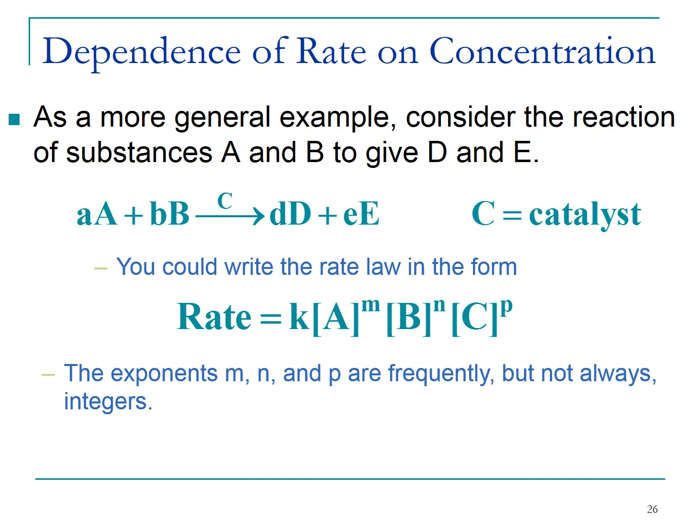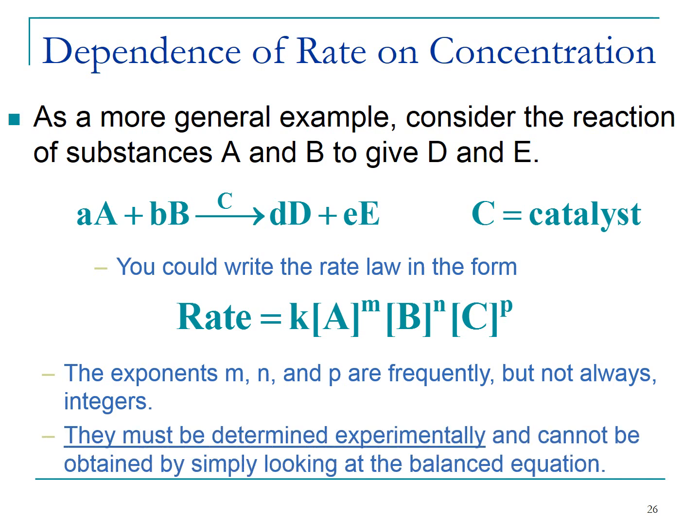They could be 0, 1, 2, they could be 3, but they could also very easily be 1/2 or some fraction, but like I said, the ones we're going to be dealing with will be whole numbers so that we just get the gist of this and not get too complicated.